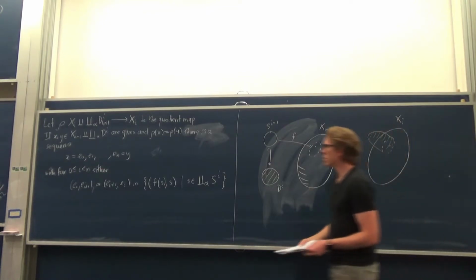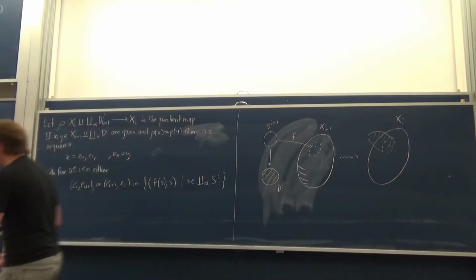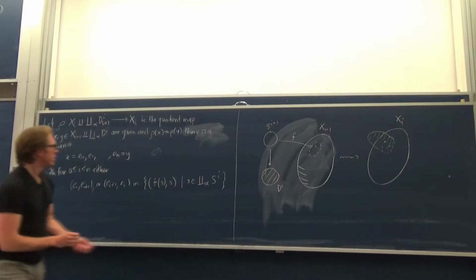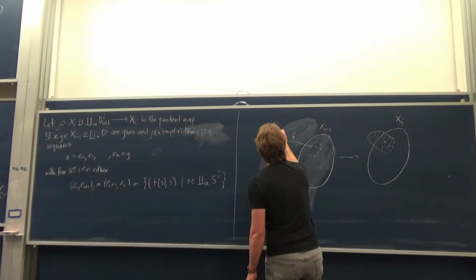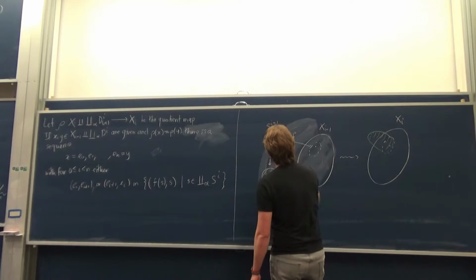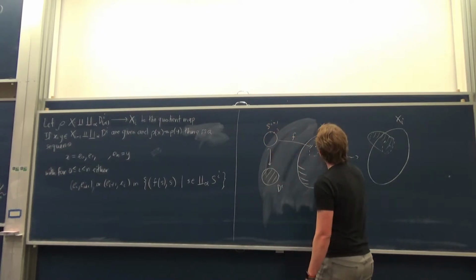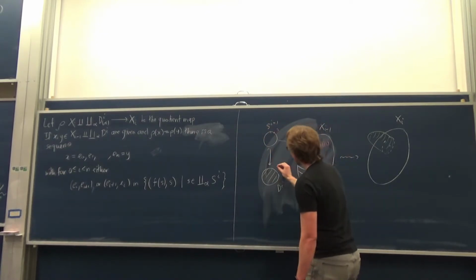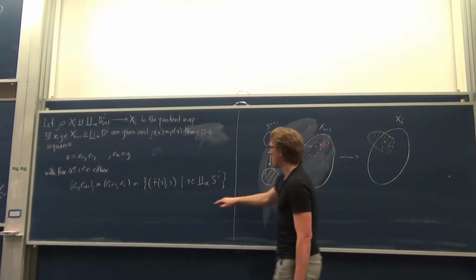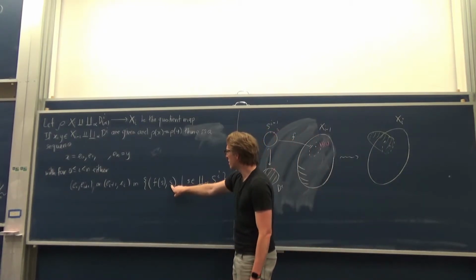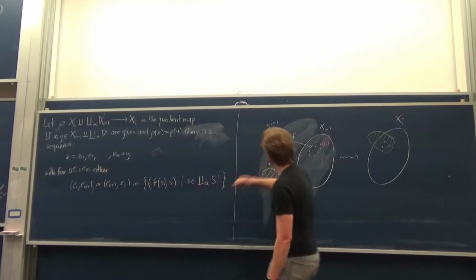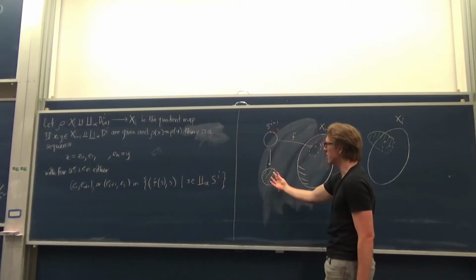All right. So what are the kinds of pairs we're talking about? There's s, there's f(s), and so this s here is in the disjoint union, but you're meant to read this as sitting inside the disk.